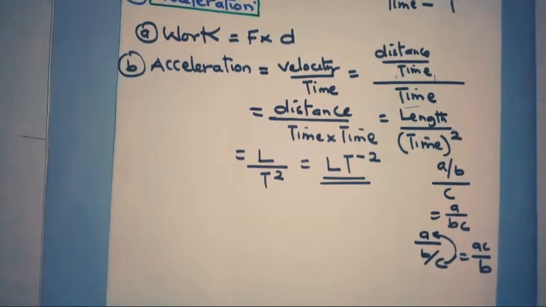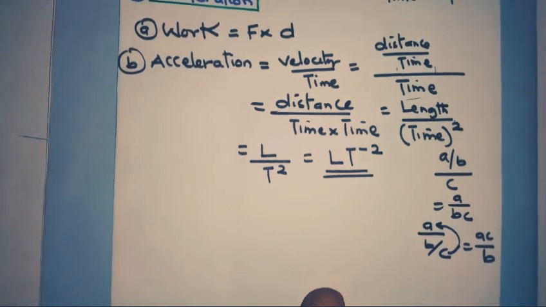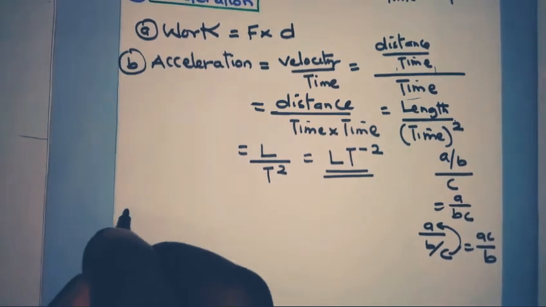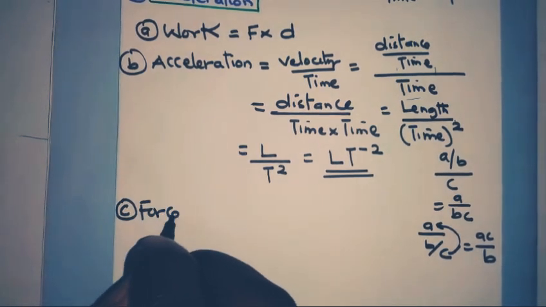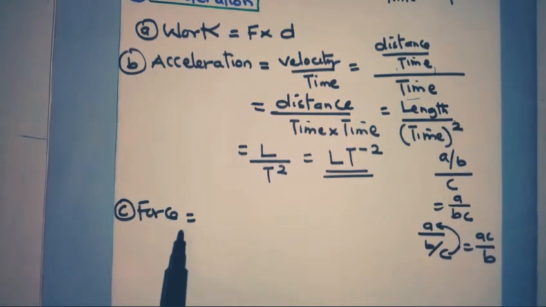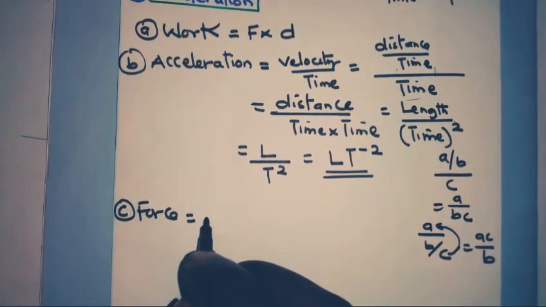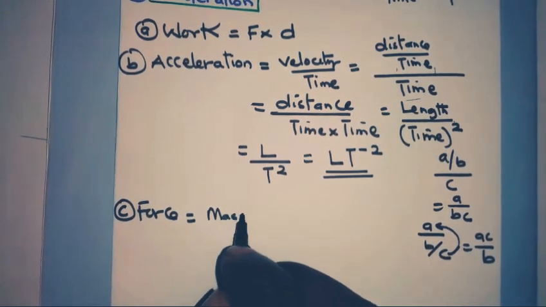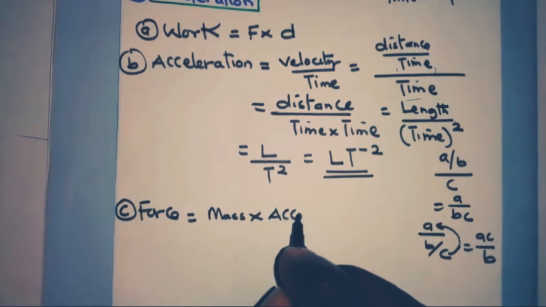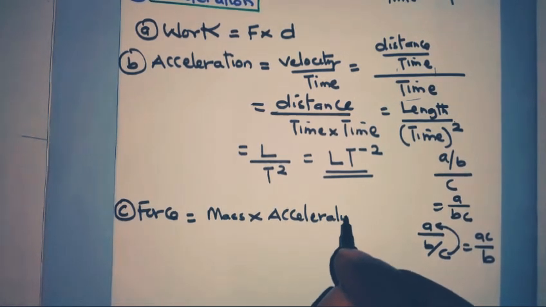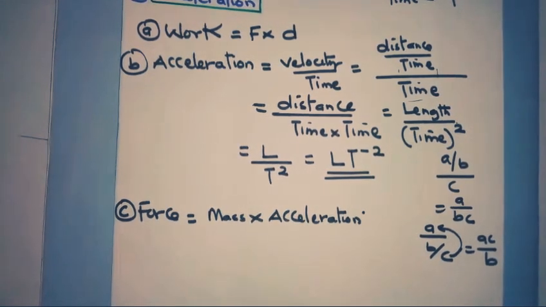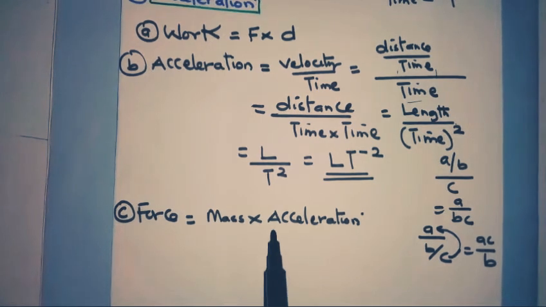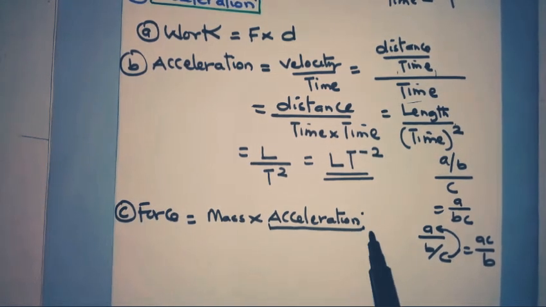So let's see how to get the dimensions for force. We have C is force. Now the formula for force is mass times acceleration. That's the reason why you need to know the formula for these quantities to be able to get the dimensions for them. Now the dimensions for acceleration had already been gotten.